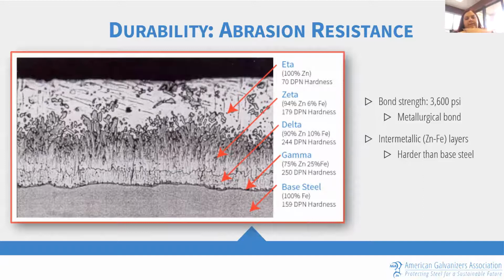So we're not just sitting on top, but we're intermeshed with the steel itself. And that provides great bond strength, and the coating is actually harder than the steel itself. So it's very difficult to damage the coating or cause any sort of damage that would allow the underlying steel to be exposed.